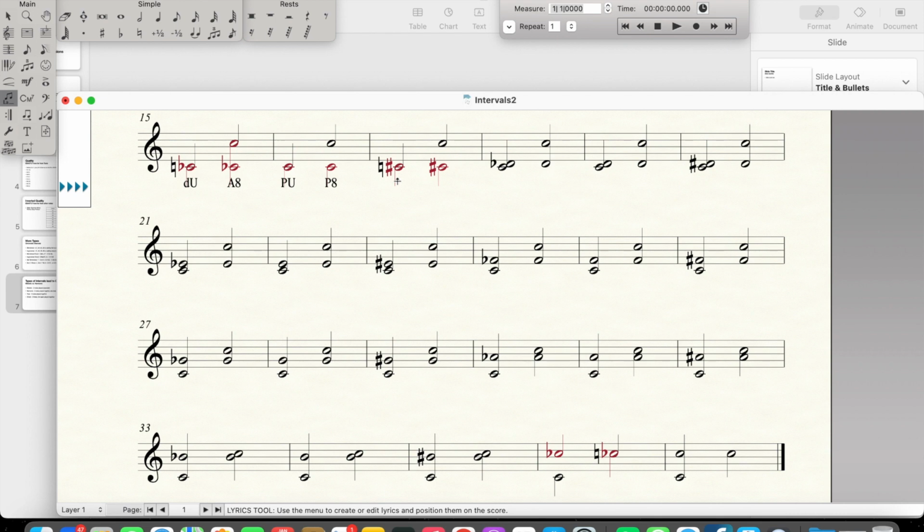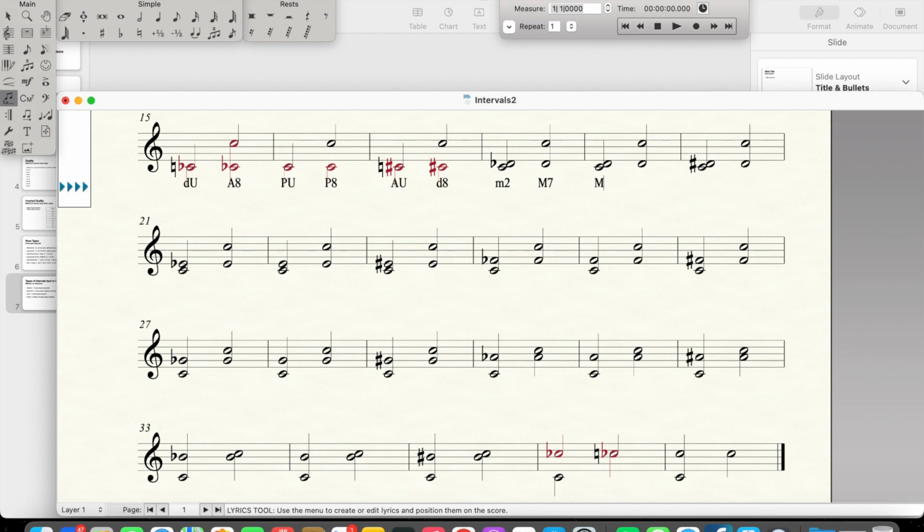This would be an augmented unison and a diminished octave. If I have C to D flat, this is a minor second, and it becomes a major seventh.